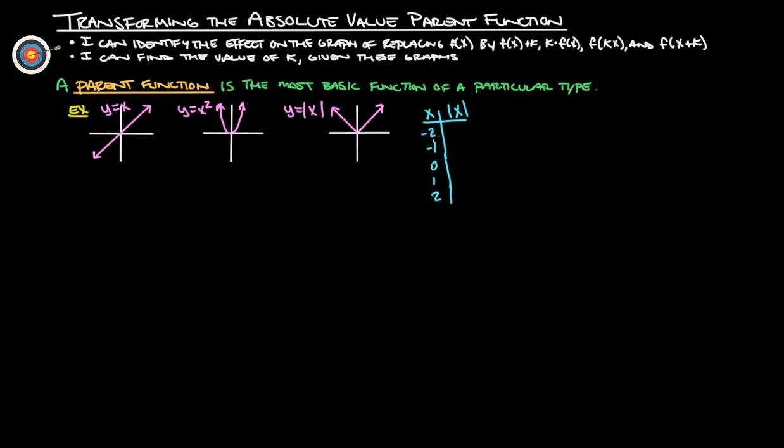So if we put in 2, absolute value of 2 is 2, absolute value of -2 is 2, absolute value of -1 is 1, absolute value of 0 is 0, absolute value of 1 is 1, absolute value of 2 is 2. And that's where all these points come from: -2, 2; -1, 1; 0, 0; 1, 1; and 2, 2. But again, you don't have to make the t-chart once you know what the graph looks like.